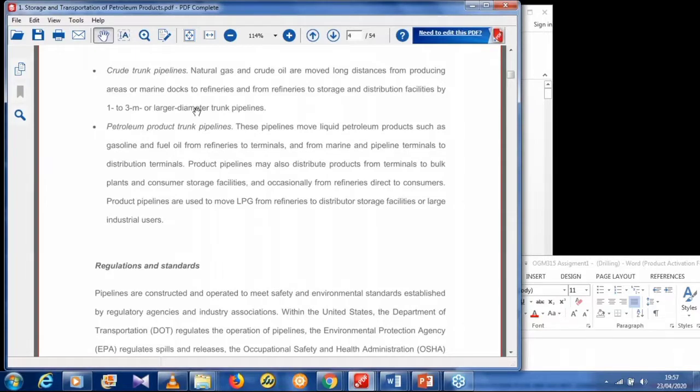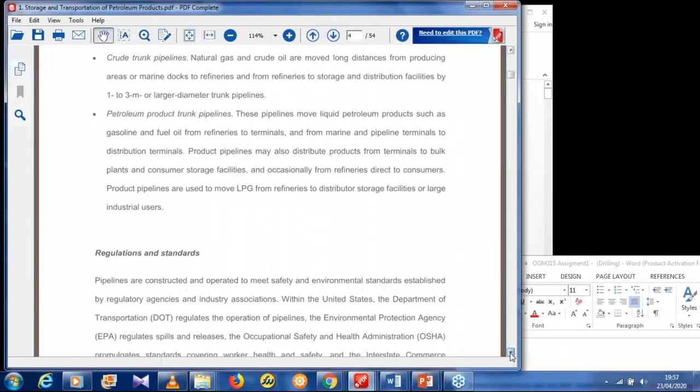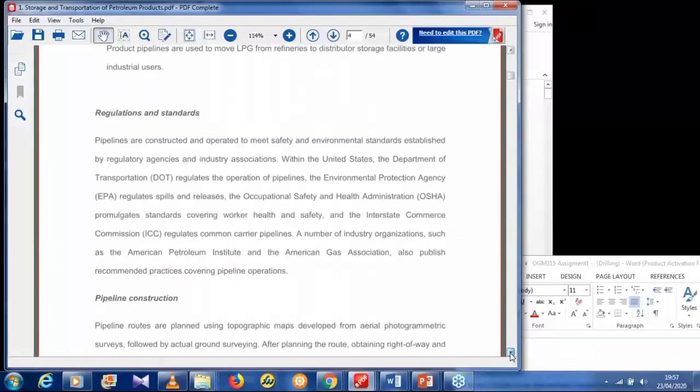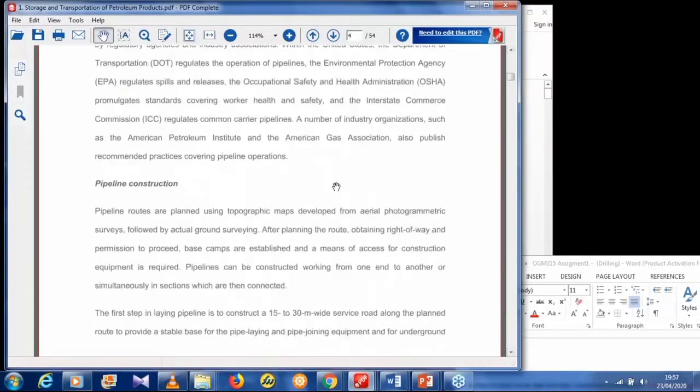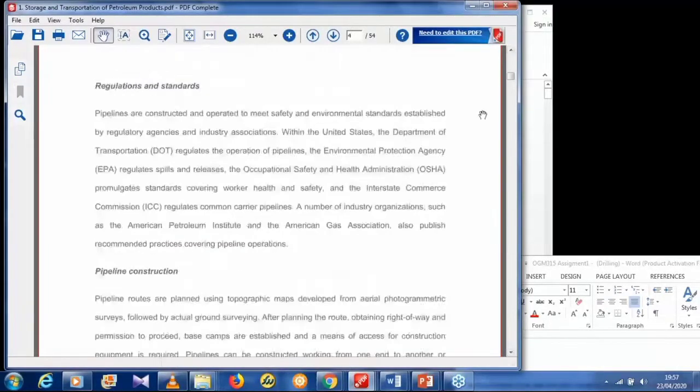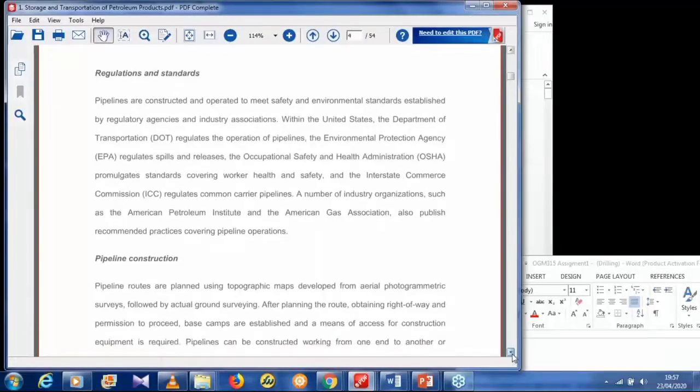So when it is crude oil you are transporting over a long distance, you use the crude oil trunk pipeline. When you are transporting petroleum products, you make use of the petroleum product trunk pipeline. Alright.